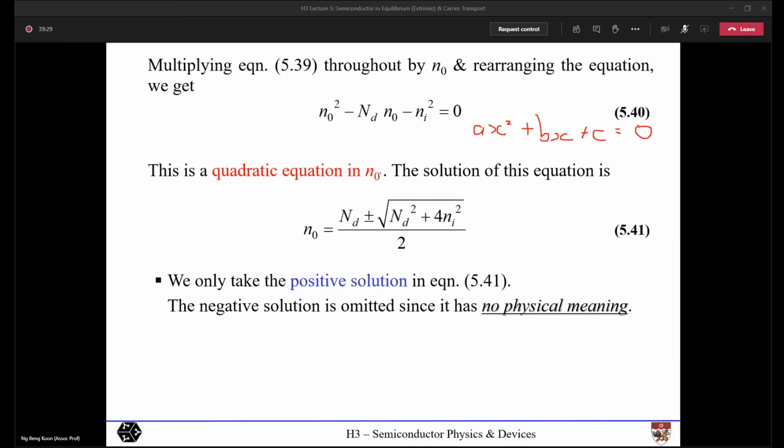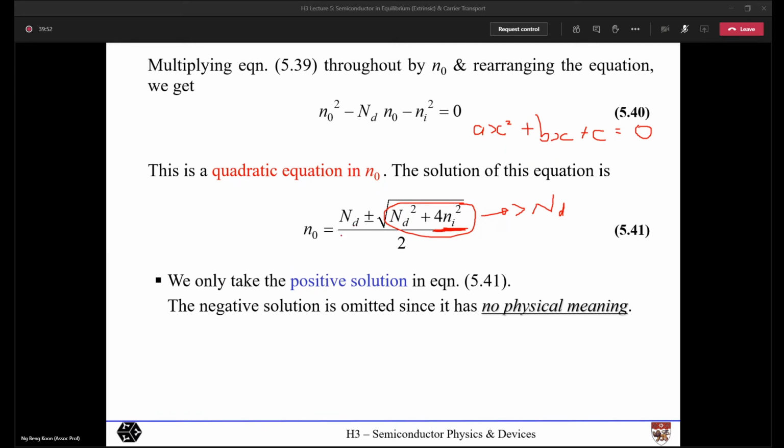The ND minus solution, in fact, will give you a negative value. Because if you look at the square root term here, this will give you something that is going to be more than ND, because you have an extra 4Ni squared there. This would increase the value to above ND squared. If you take a square root, you get something more than ND.